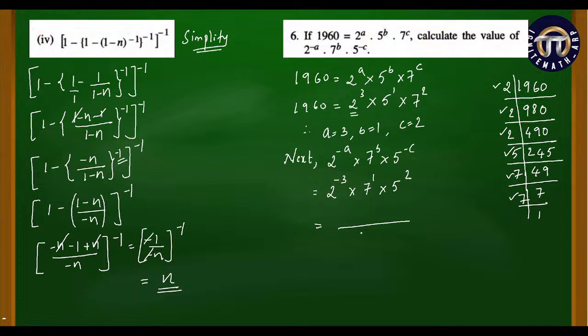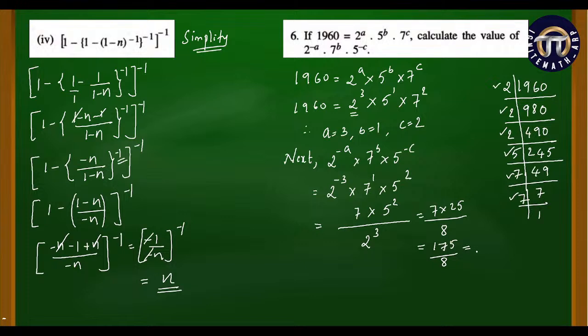So 2 to the power of minus 3 can be written as 2 to the power of 3 when it is taken to the denominator. So 7 I'll keep as it is, then 5 to the power of 2 as it is. So this becomes 7 into 25 divided by 8. Clear? 25 how? 5 to the power of 2 is 25. So 25 sevens is 175 by 8.